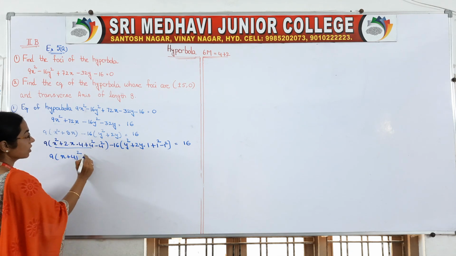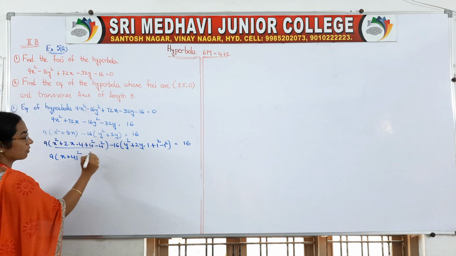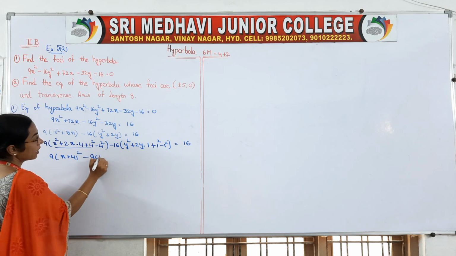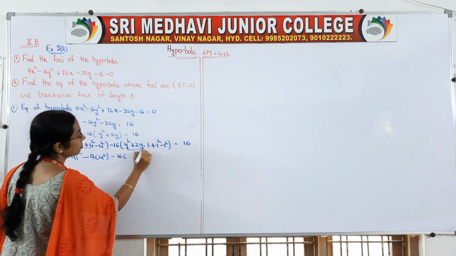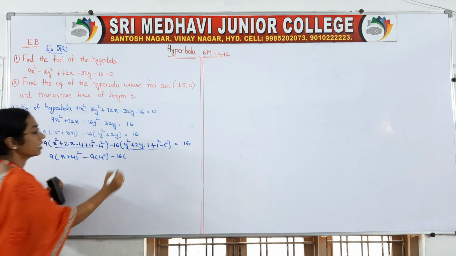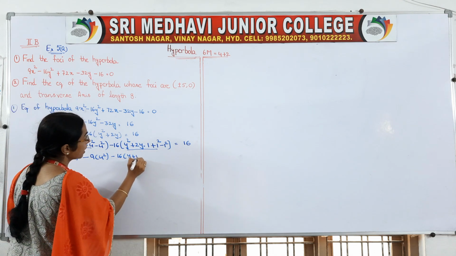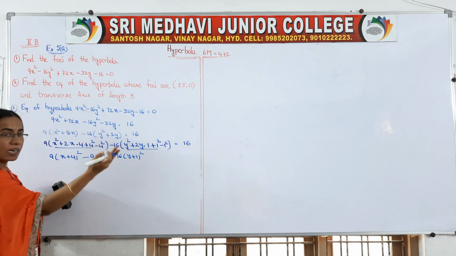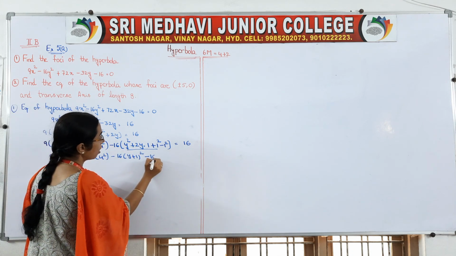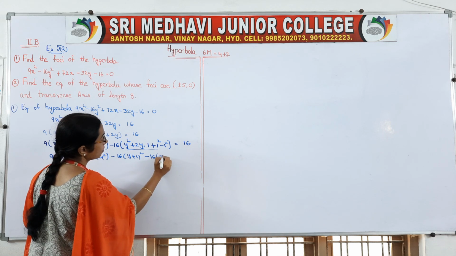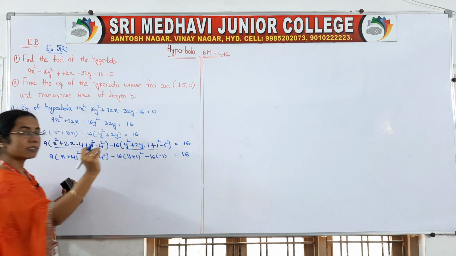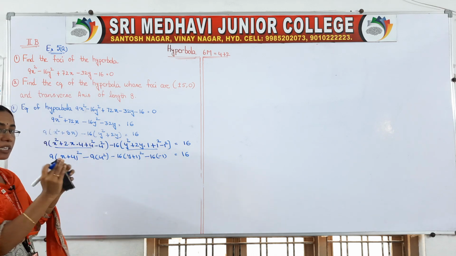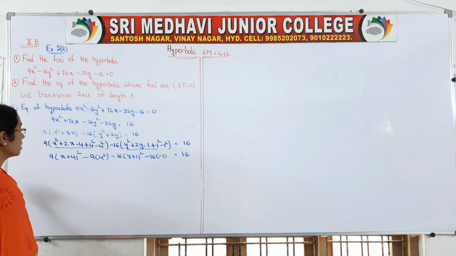Now take this constant outside, so it is 9 into 4 square. Similarly, minus 16, from here to here we can write that as y plus 1 whole square and write the remaining value outside. So this is minus 1 square, not minus 1 whole square, is equal to 16.